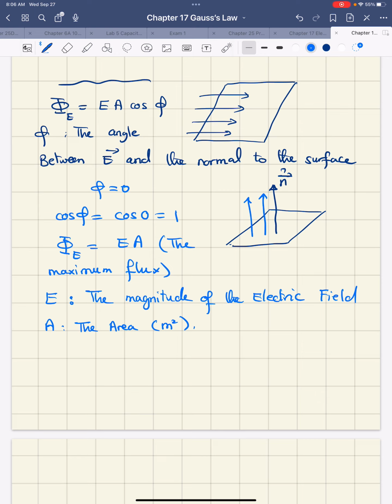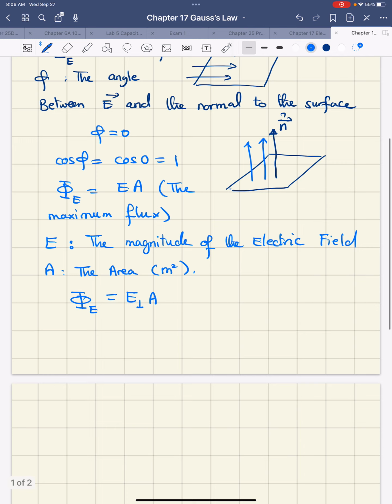We can always say that the electric flux has to do with how much of that electric field is perpendicular to the area. I'm going to solve one example here related to Gauss's law.